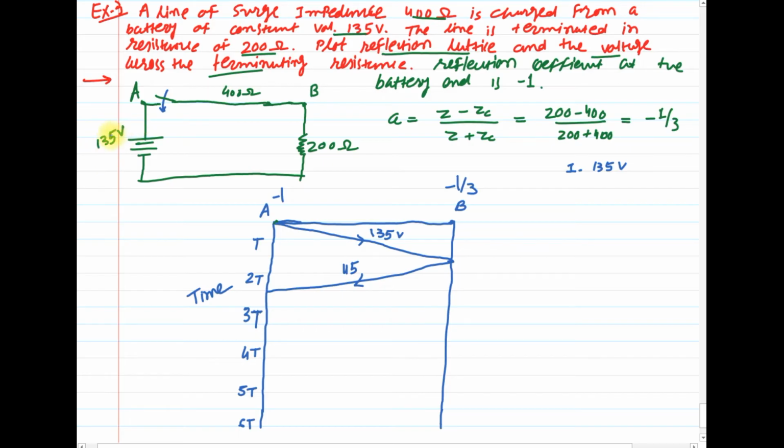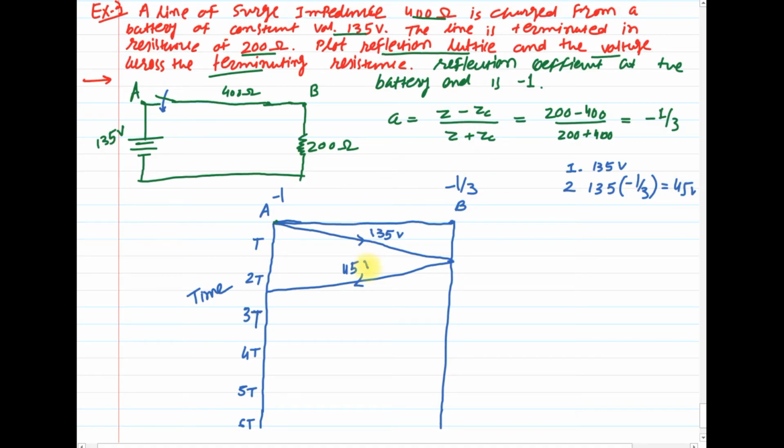A 135 volt traveling wave travels on this transmission line, and after reaching the end of the transmission line, it will reflect back to the battery side, or I can say at point A. So it is multiplied with this reflection coefficient. So it is 135 into minus 1 by 3, which is 45 volt.